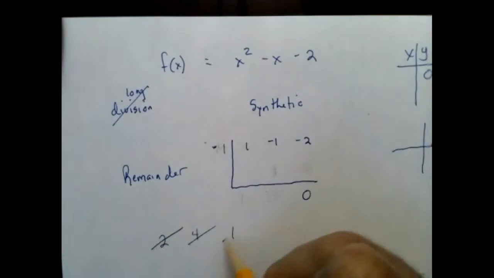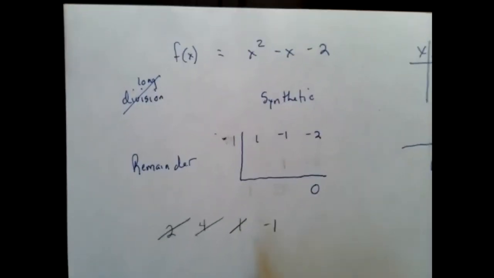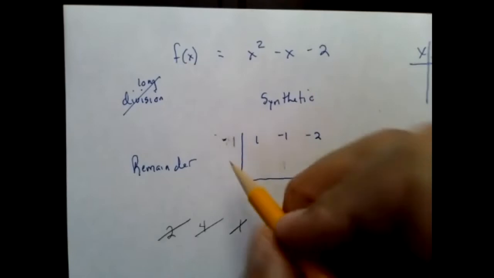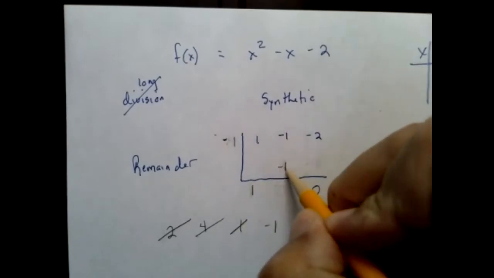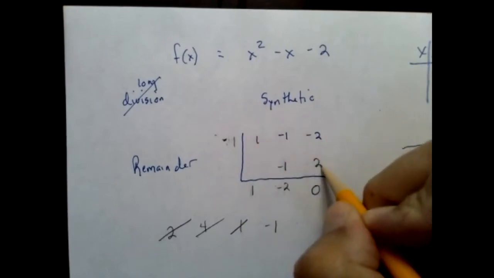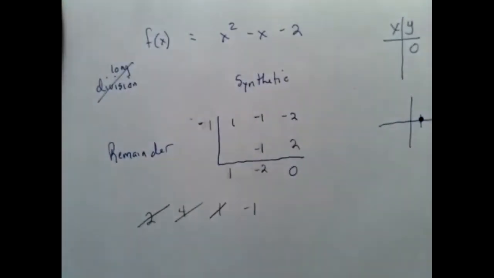What about -1? I keep guessing, and I don't know if they're good guesses or not, but hopefully you're practicing this and you're going 1, -1, -2, and yes, yes, yes.